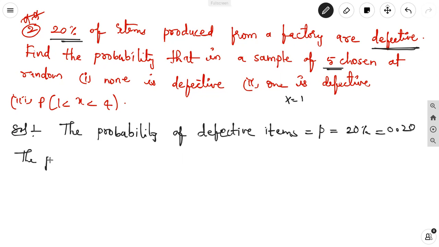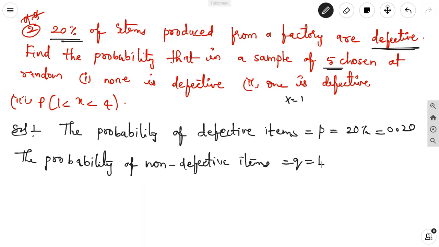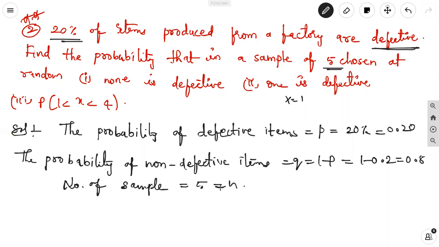And the probability of non-defective items, we can take the relation q equal to 1 minus p, equal to 1 minus 0.2 equal to 0.8. 0.20 means 0.2 only. Here we know the p and q values. Next we take the number of items or number of samples equal to 5, that is equal to small n.